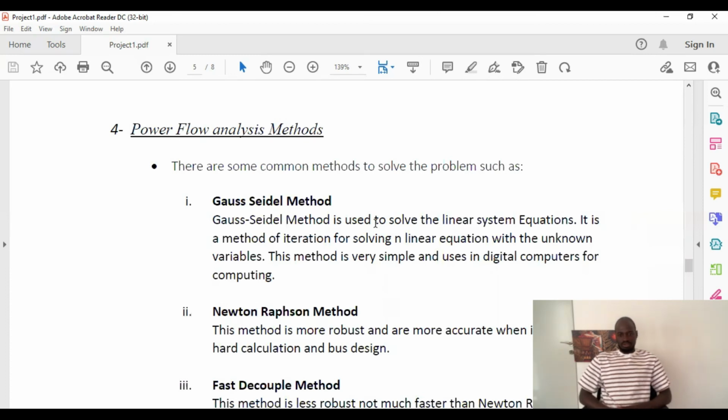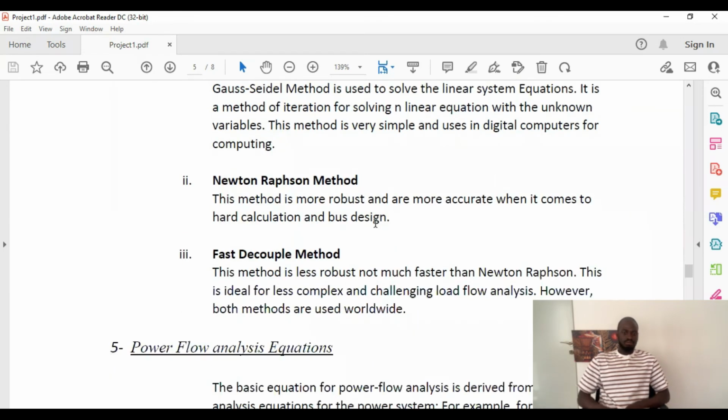The Newton-Raphson method is more robust and more accurate when it comes to hard calculations and large bus systems. For example, when we have an IEEE 6-bus, or maybe more than 6, or 13 or 15 buses, sometimes we have a lot of interconnected grids, so we may need to model a lot of buses.